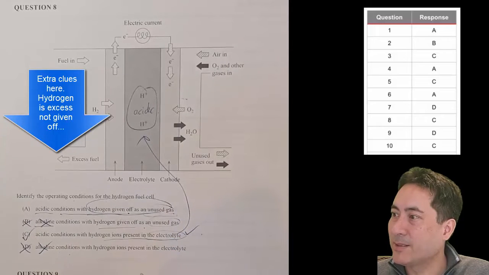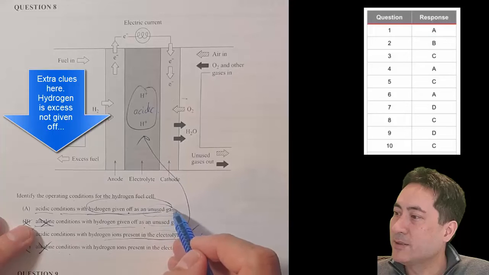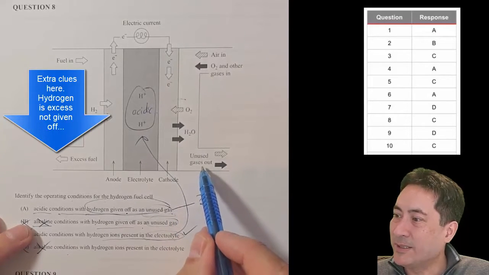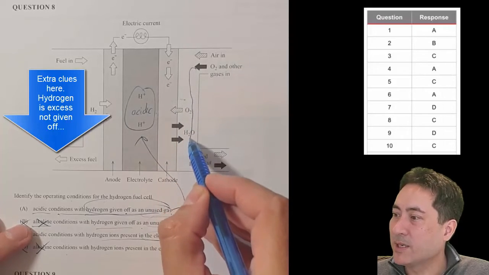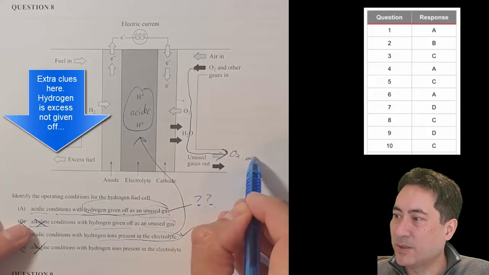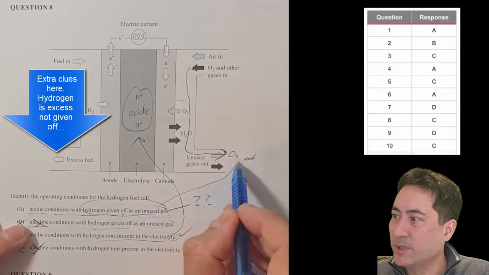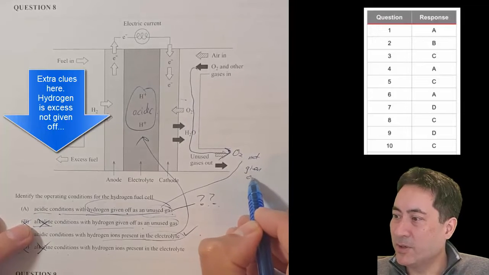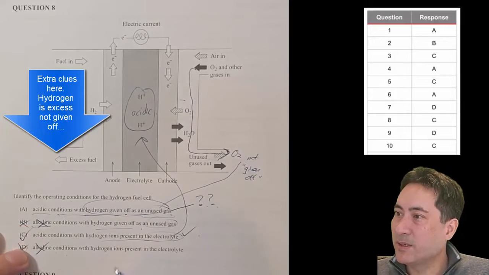And hopefully that's how I'm interpreting that as incorrect. So it's coming out as unused because it didn't go in, and it didn't go into the reaction, then come off as a gas, then come out as unused gas. So it came in and then reacted to form water. So that's how I'm interpreting that question as the word given off. And so we're going to go for 8C.